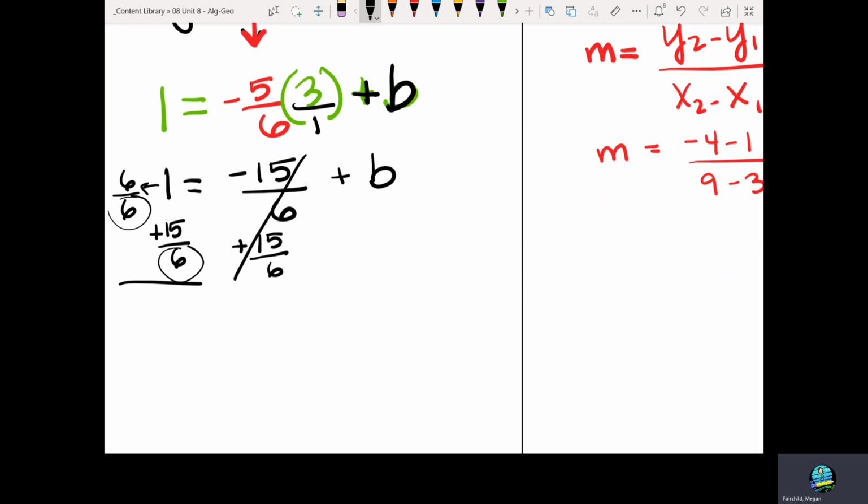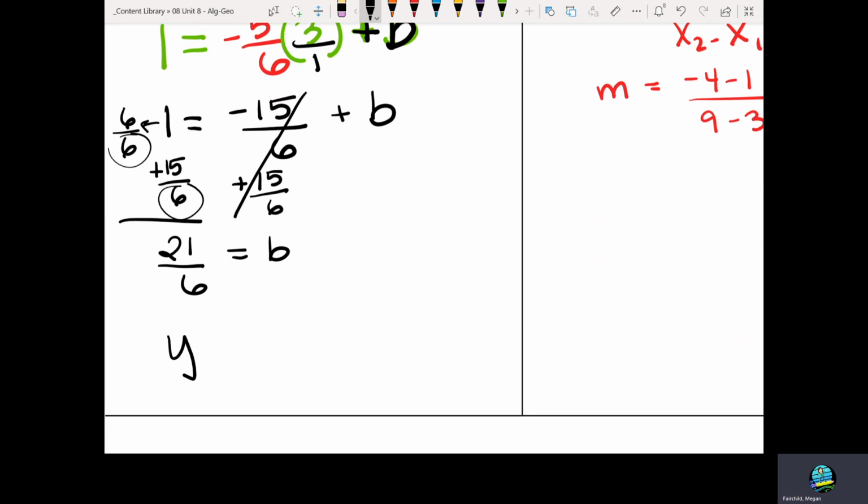So this would be 6 over 6. 6 plus 15 is 21 over 6 equals b. Good, Kate. Now I write y equals, where's my slope? -5/6 x plus 21 over 6. That's my answer.